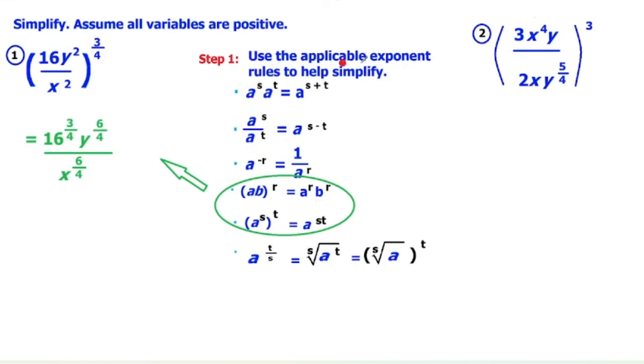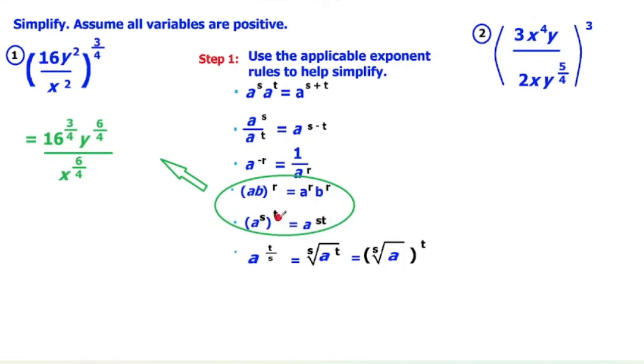We need to use the applicable exponent rules to help simplify. And these are the applicable exponent rules. These are all of them, okay? And we're going to go through and identify which ones we use for this. So for this, we're going to use a combination of these two rules, okay?